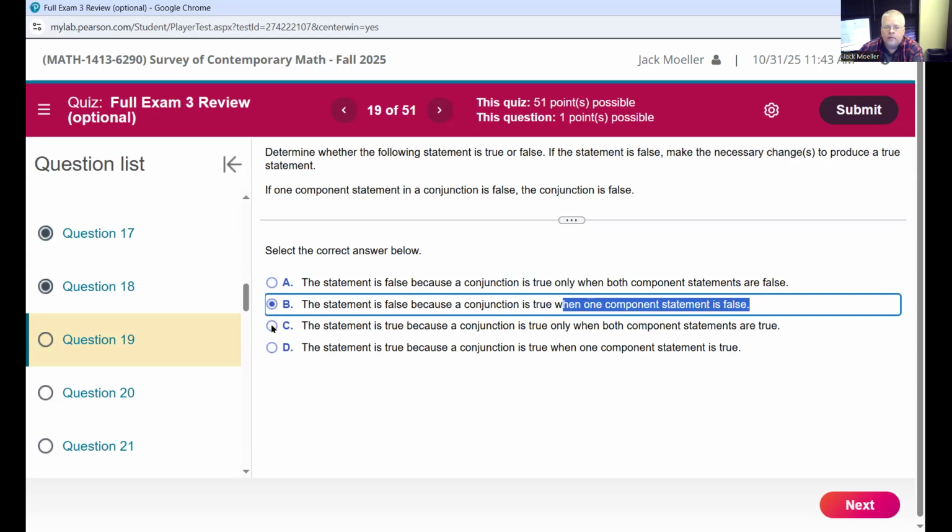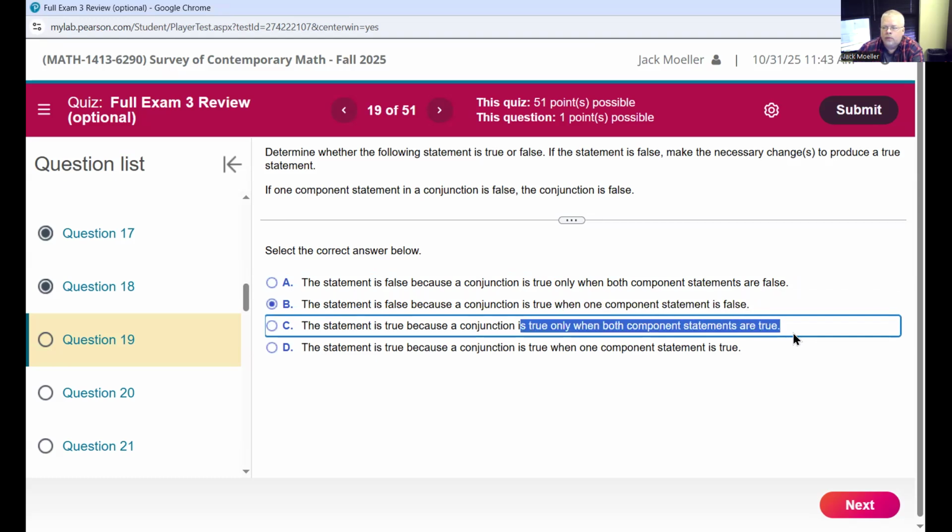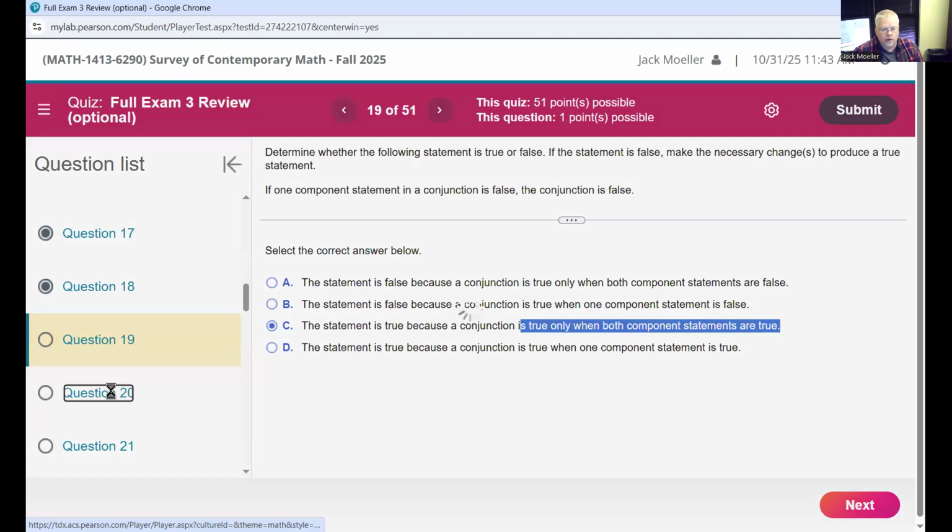So it can't be A or B. The statement is true because the conjunction is true only when both are true. That's it, because that's the only time a conjunction is true. So it is C. I always think MATLAB does better with skill type problems rather than definitions. This is why you just got to slow down and read them carefully.